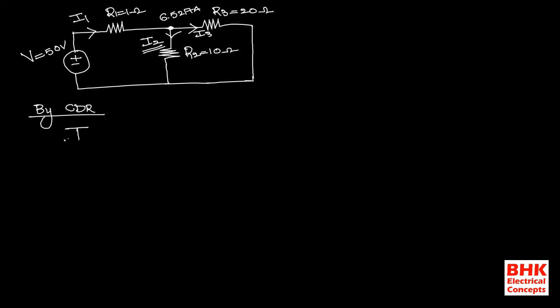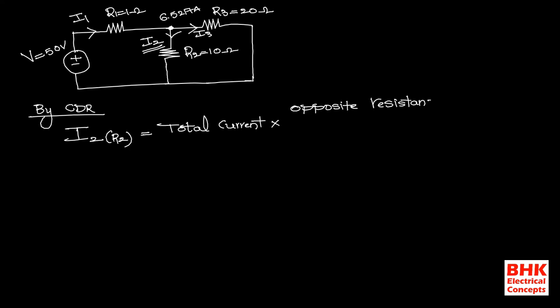So current flowing in the R2 branch is equal to total current available at this particular junction point into opposite resistance divided by total resistance. So opposite resistance divided by total resistance.